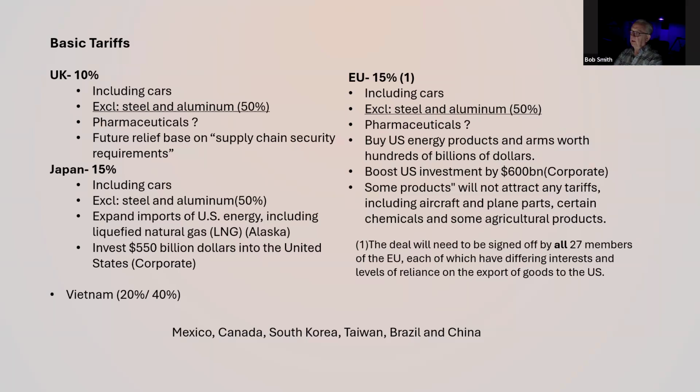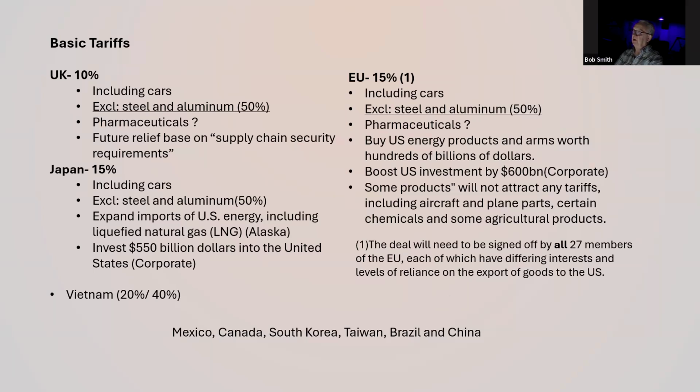Now, one of the final ones on the EU is the deal. And if you remember, Canada negotiating their deal with Europe, it will need to be signed off by all 27 members of the EU.